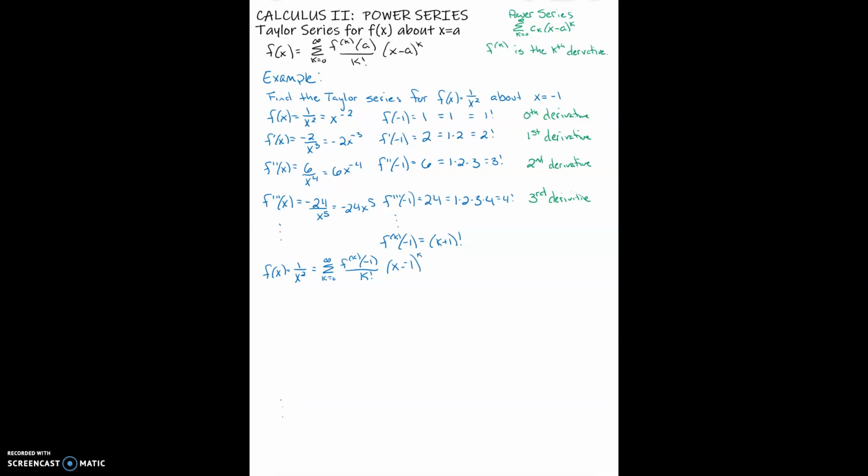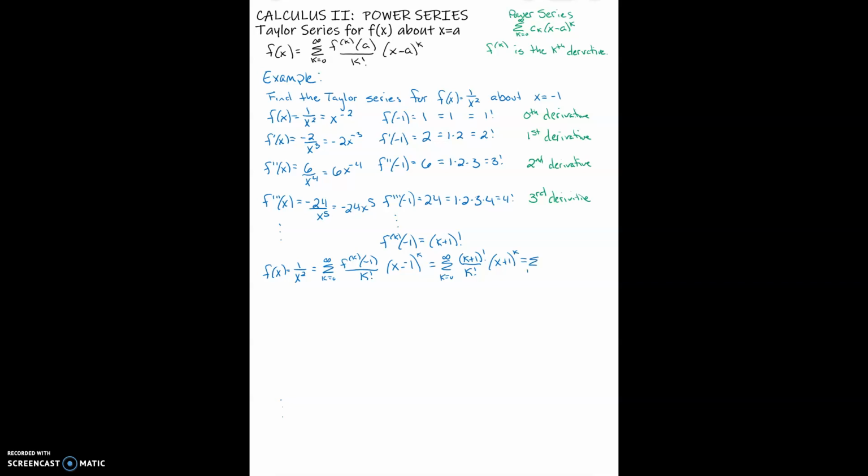I think we can clean this up just a little bit. We know that in this numerator here, the kth derivative at -1, we just determined that pattern is simply k plus 1 factorial. Of course, that gets divided by k factorial, and then we multiply by x minus -1, well, that's x plus 1 raised to the k.